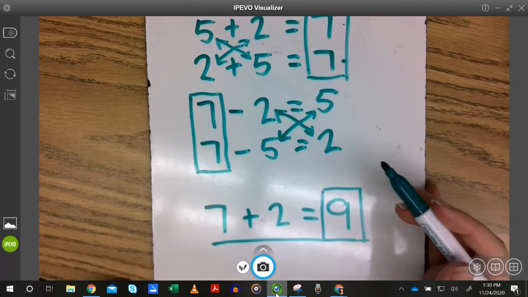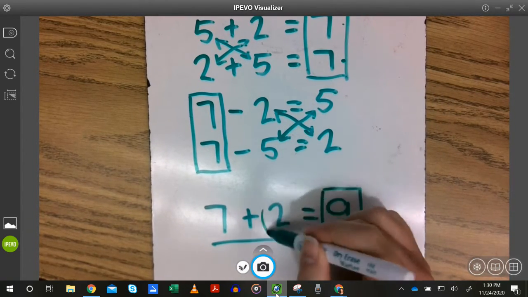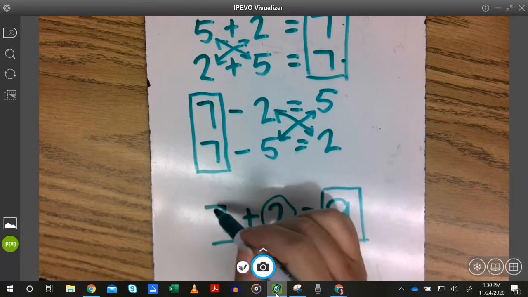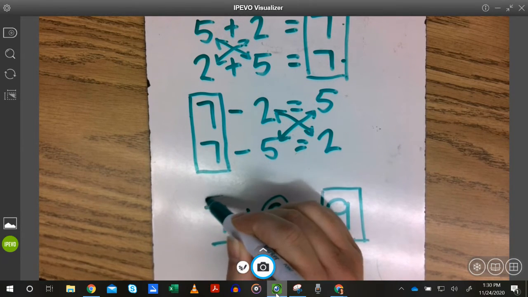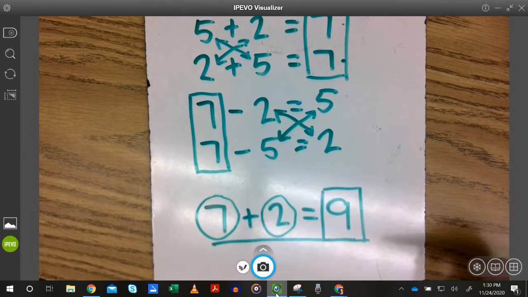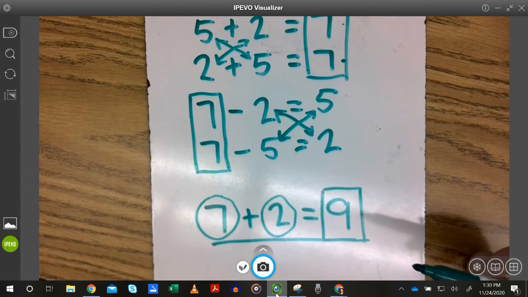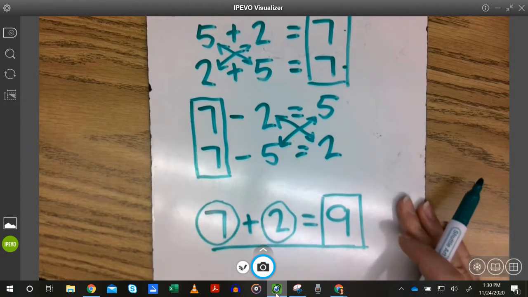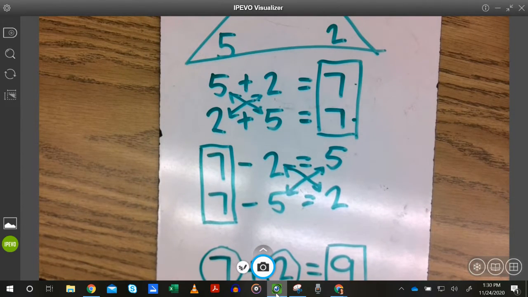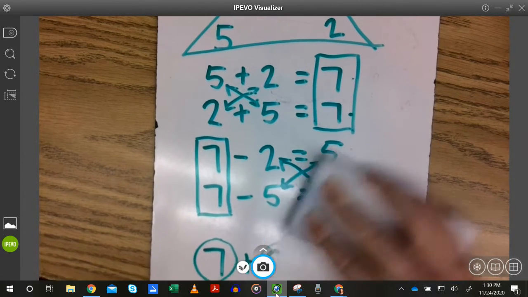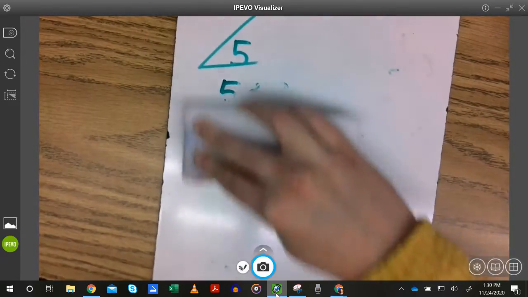Yes, they both have the same part of 2, but in this math fact, 7 is another part, not the whole. Notice there's no 5 in here at all. So for facts to be related, they have to have the same whole and the same parts. So let's look at some problems together and decide if these are related facts or not.